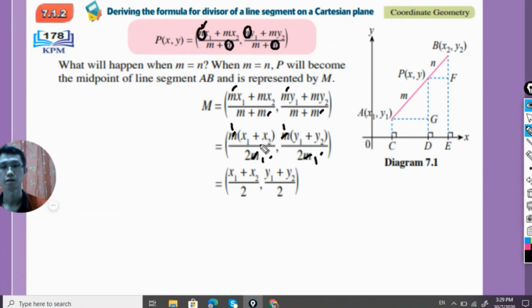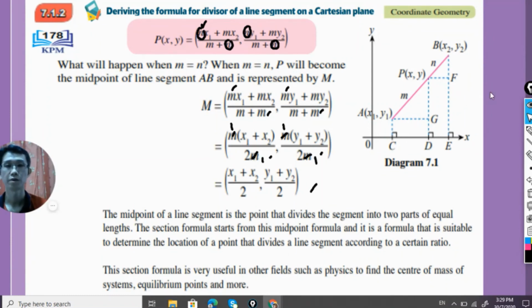Finally, after simplification, we will get the formula as this: x1 plus x2 over 2, y1 plus y2 over 2. So this is the midpoint formula that you can use when you know that the point is the midpoint of the line segment.